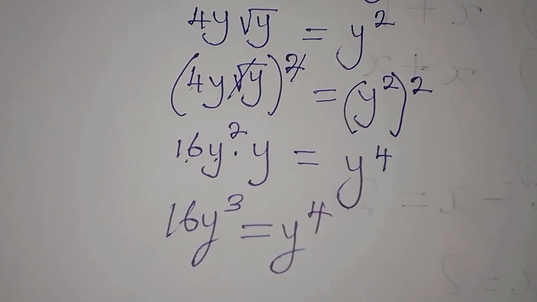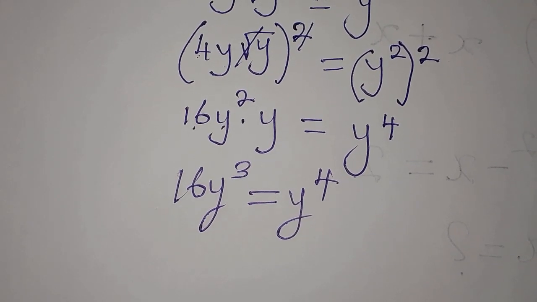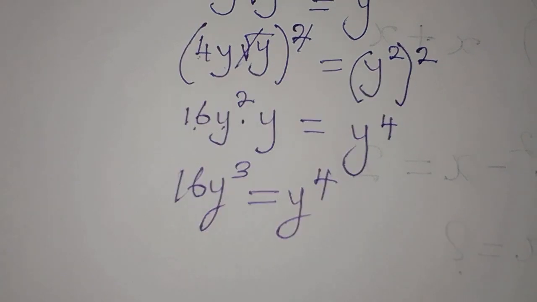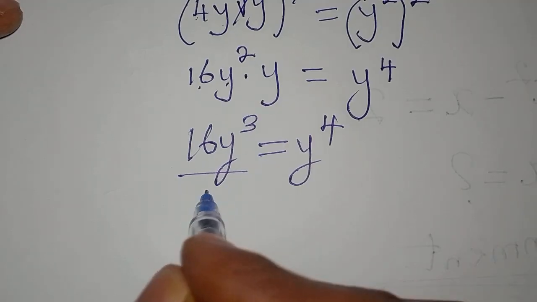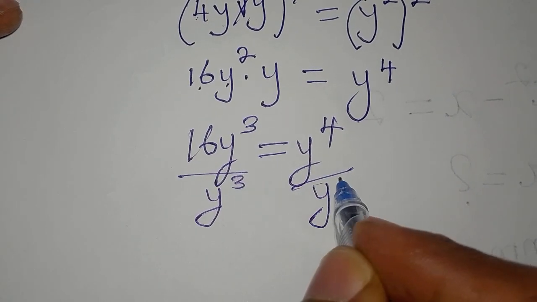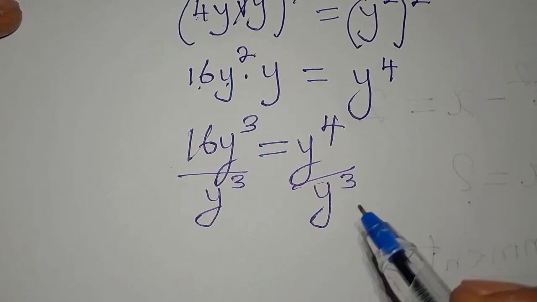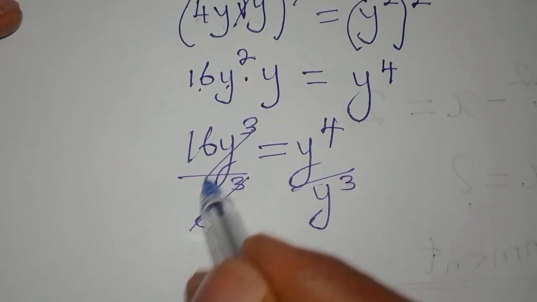Okay, so the question now is, what do we do again? We're having y on both sides, right? So let's write this one first. We're going to divide both sides by y cubed. Remember that we are doing this so that this can take this out.